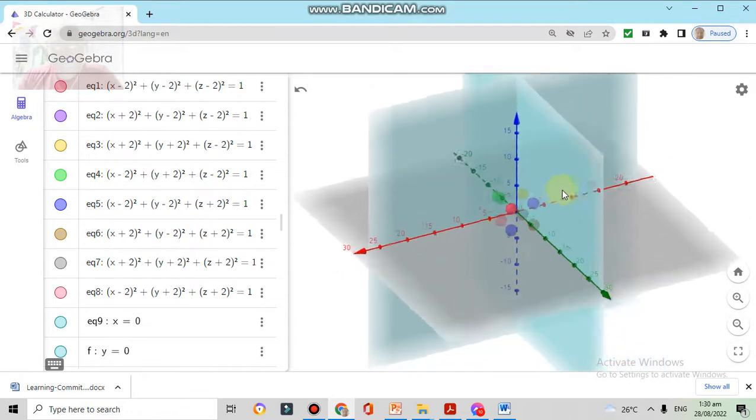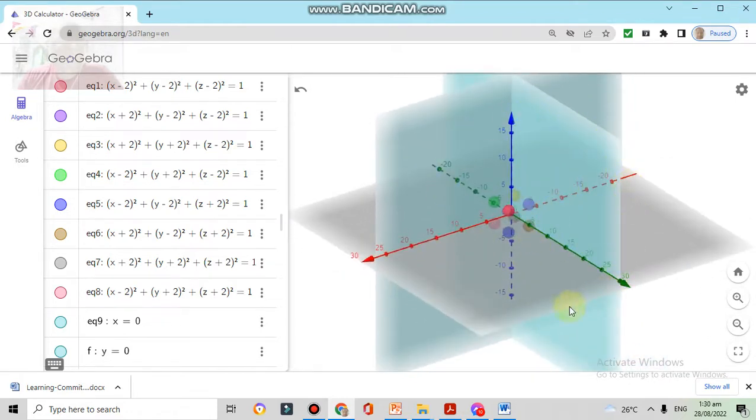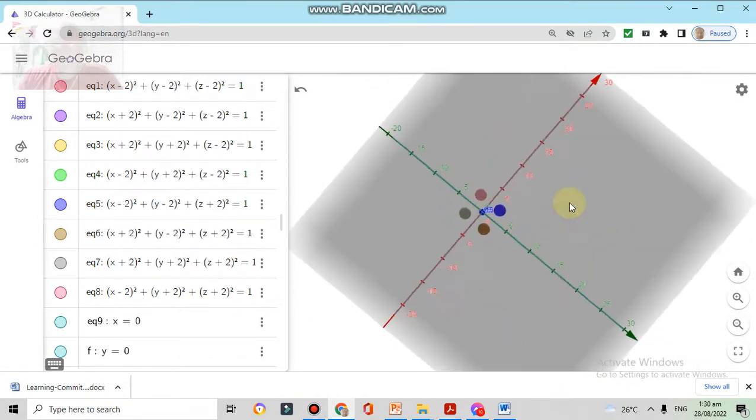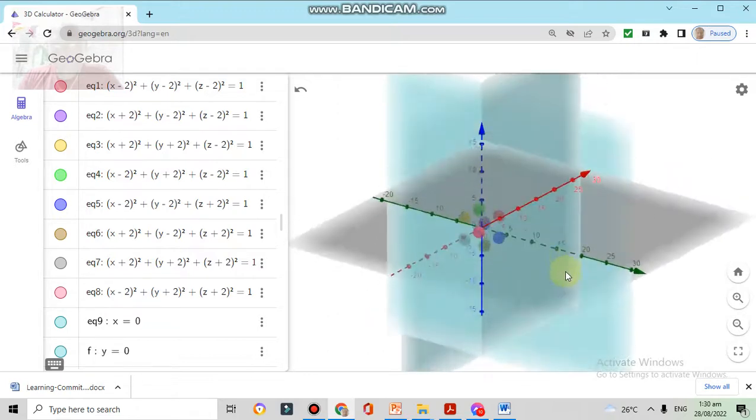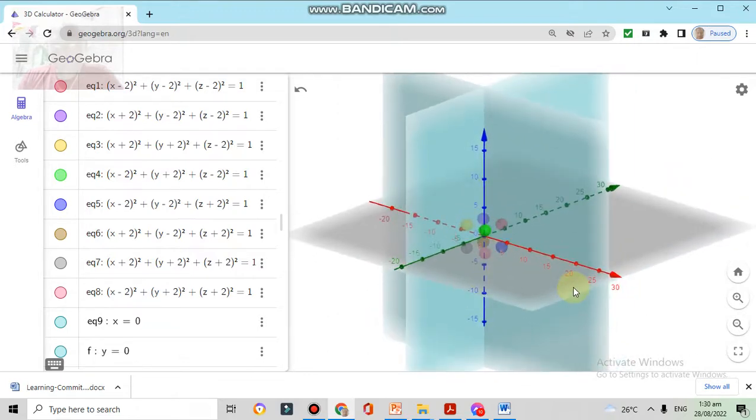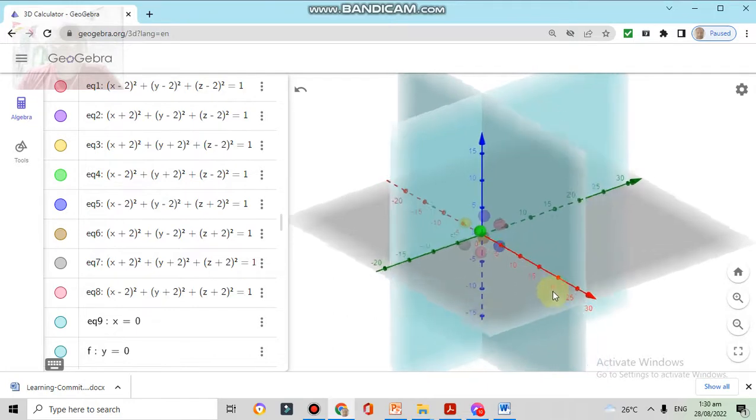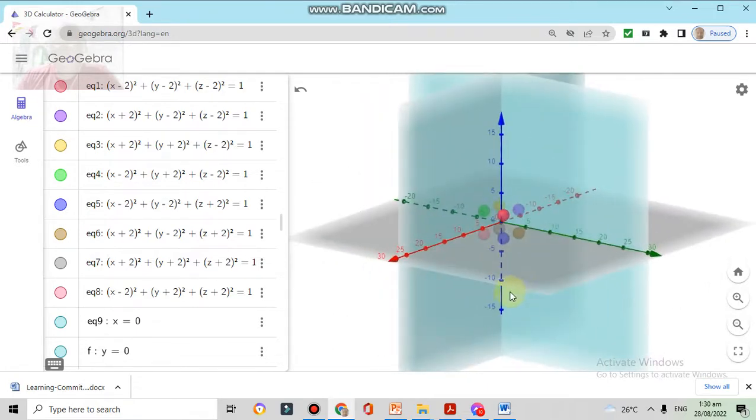And if the xz plane intersects with the yz plane, the result is the z-axis.